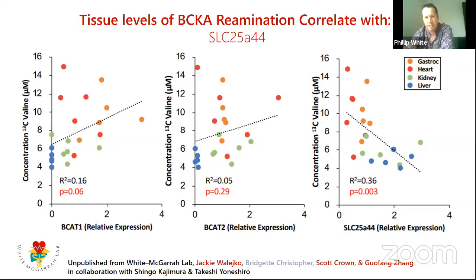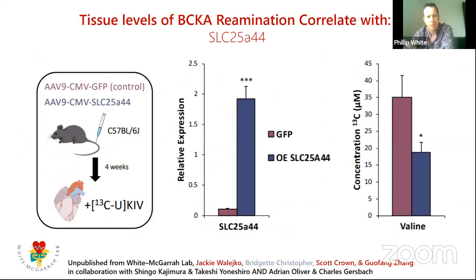And so to test this hypothesis, we worked with Charlie Gobach's group at Duke and Jackie Wellacre in our group took on this experiment where we made AAV9 constructs expressing either control GFP or the solute carrier, and we injected them by tail vein, and then we performed the same isolated perfusion studies in the hearts of these animals that we performed prior with the KIV in perfusion.